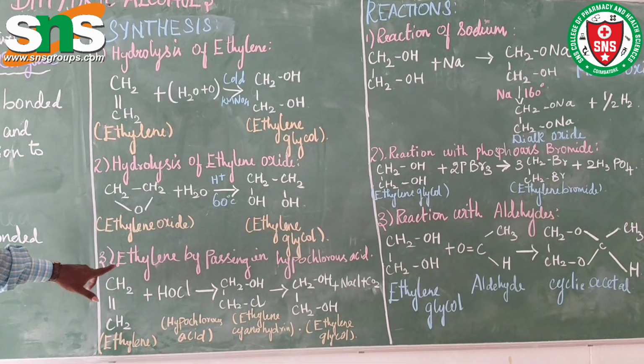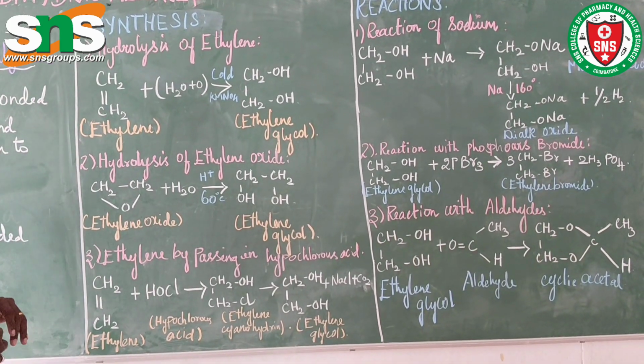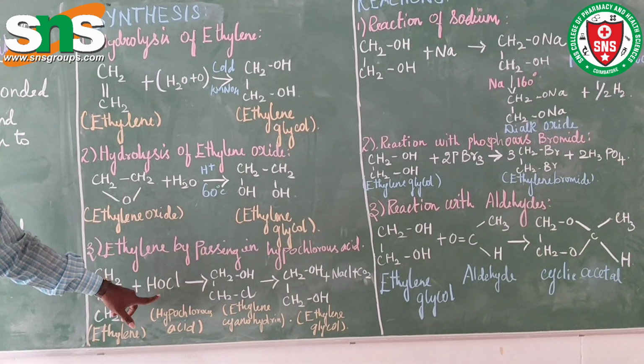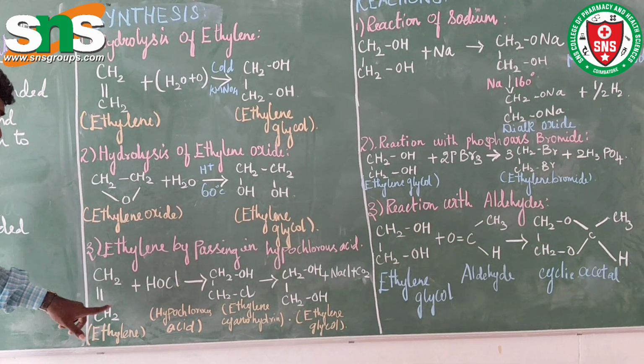Then ethylene is passed into hypochlorous acid. Here the molecular formula of hypochlorous acid is HOCl.